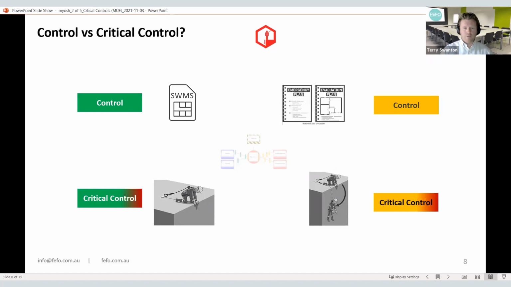I think just to add to that, Terry, one of the things that I see quite commonly, certainly in my current role, is that from time to time, when you overly rely on controls such as the SWMS or the management plan, there is a risk of waffle, so to speak.